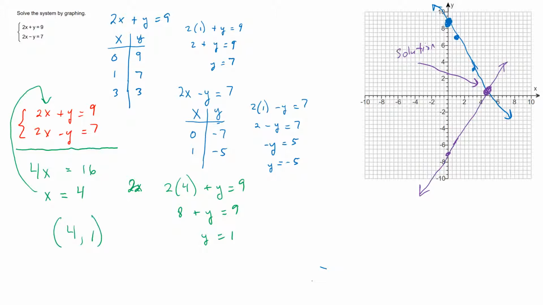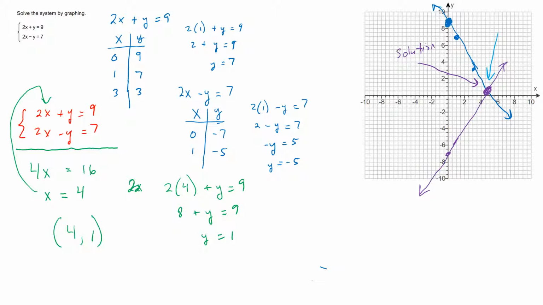If we go over to the graph, look on my graph, it looks like the solution is more like 4.5, 1 to me. That ordered pair right there where they intersect, it looks like an x coordinate of 4.5, and then it does look like 1.